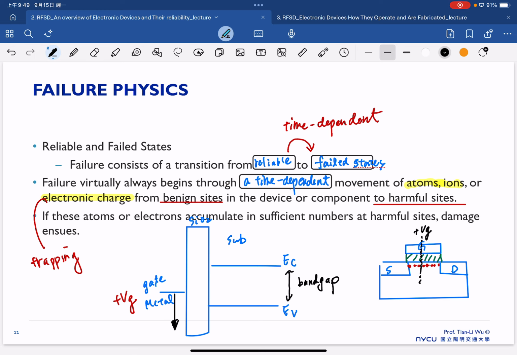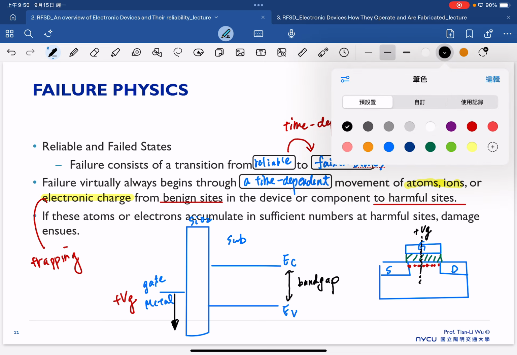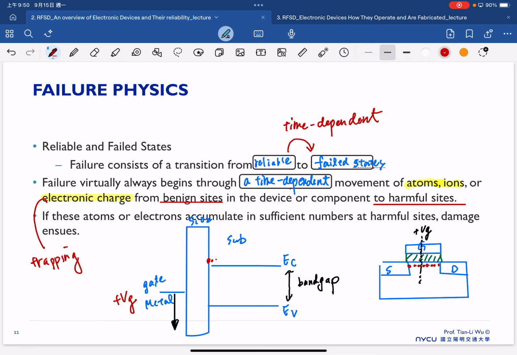We already knew that when our gate bias is large enough, we start to have inversion electrons in the channel, just below the dielectric. That means we will start to expect electrons here.